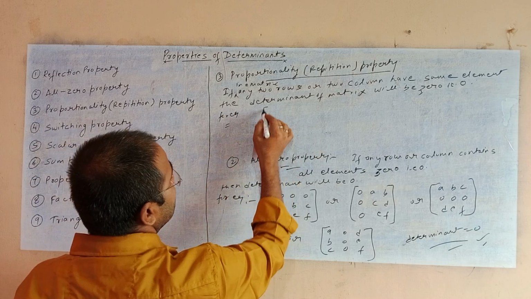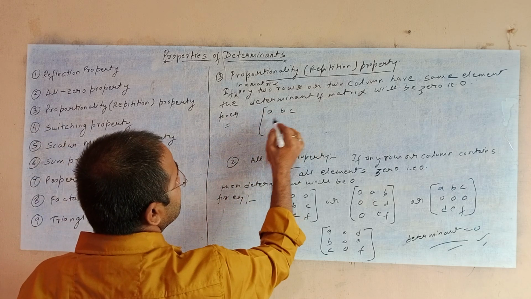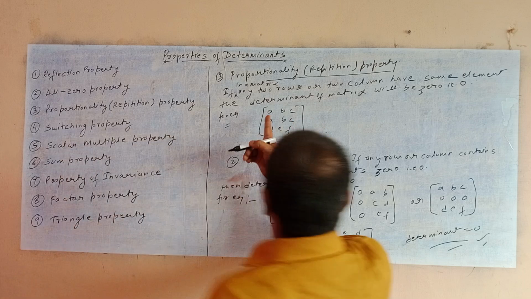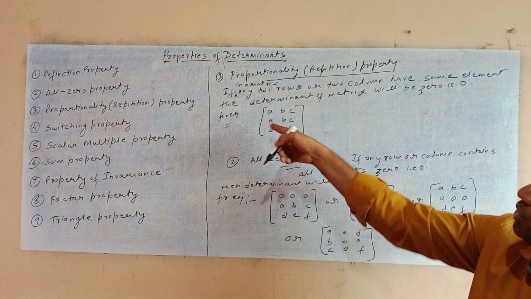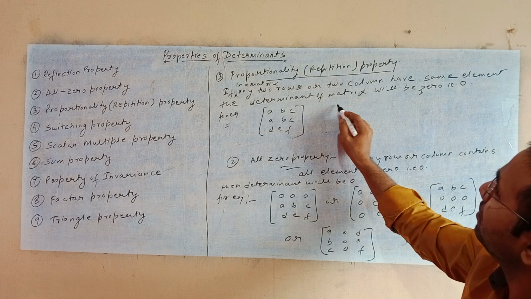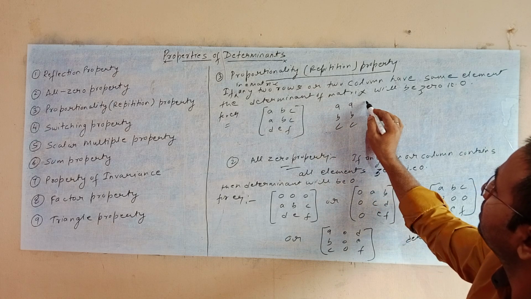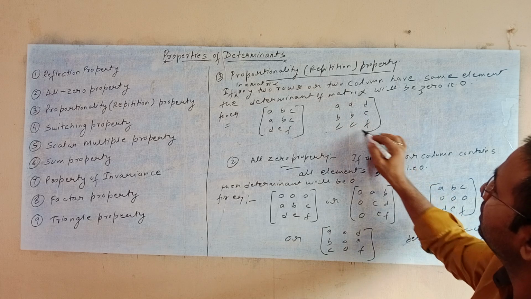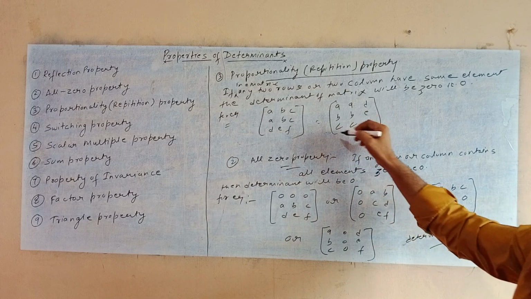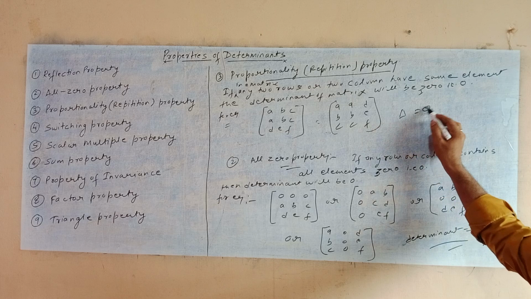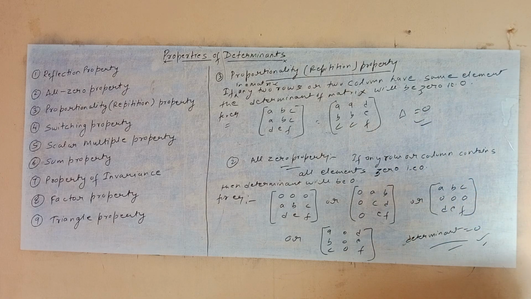For example, suppose we have a matrix a b c, a b c, d e f. In this you can say two rows have the same elements. Or take a matrix where two columns are the same; then their determinant will be 0.